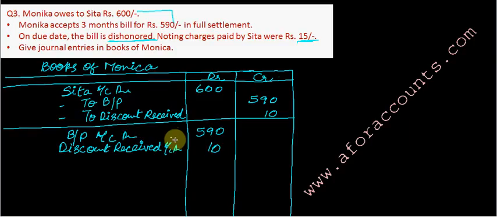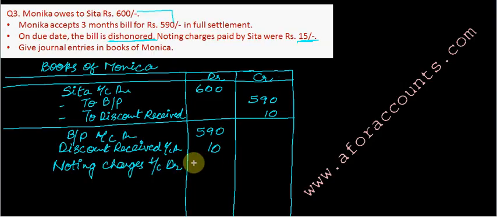And one more thing, noting charges have to be recovered, so noting charges also debit 15 rupees to Sita. Total is 615. Bill dishonored and noting charges charged rupees 15.